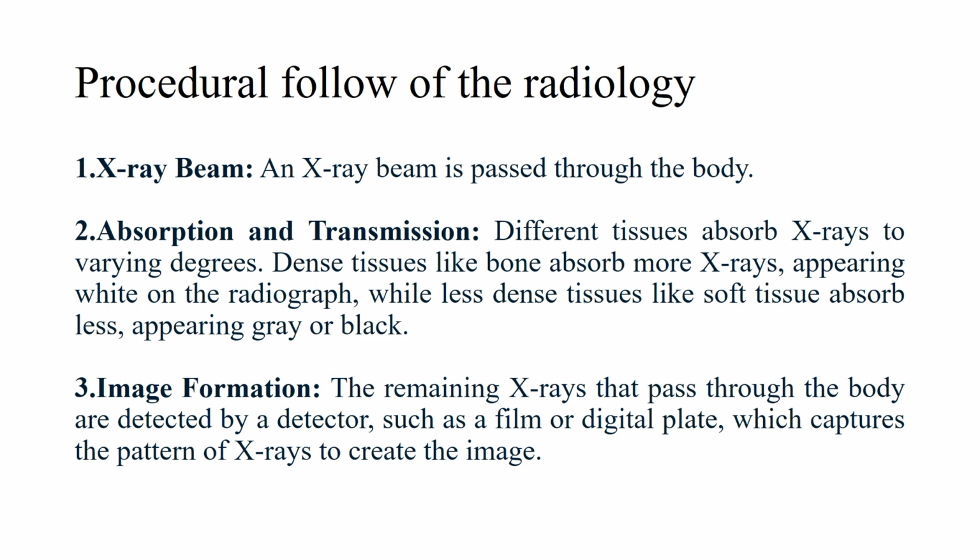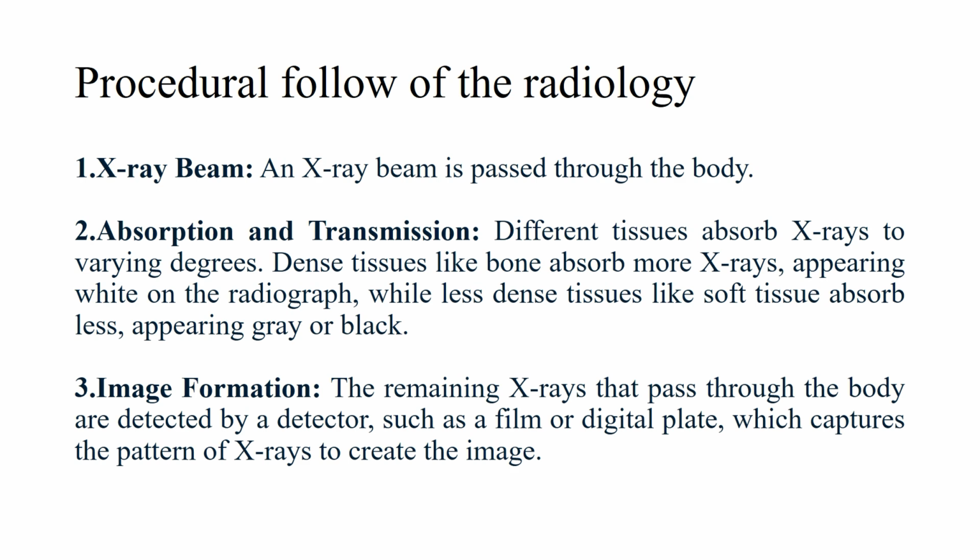When we talk about X-ray radiography, it is quite understood that X-ray beams are used, which pass through the different parts of the body. Depending upon the different intensity of the different parts through which it traverses, it gives an appearance on the radiograph which is based on the different types of densities.